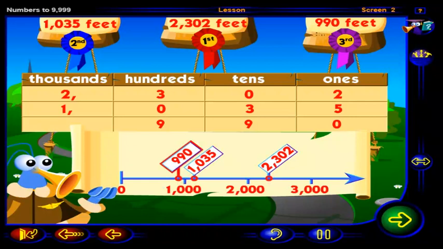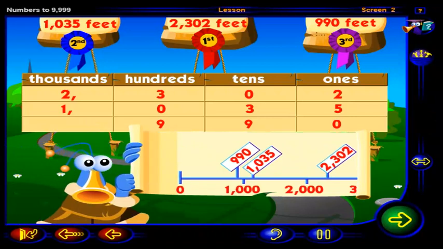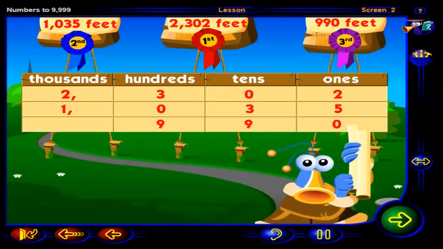Now we can see about how far apart these numbers are, and their order. 990 comes before 1,035, and 1,035 comes before 2,302. Well done, everybody!